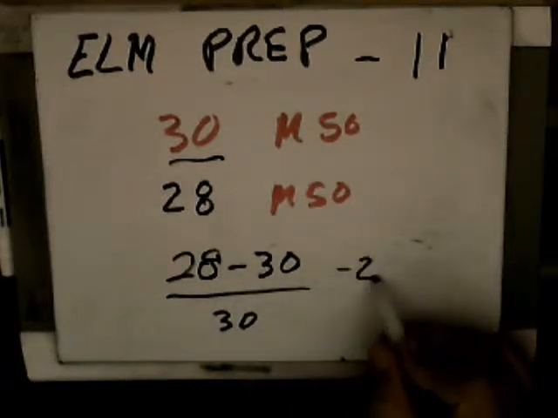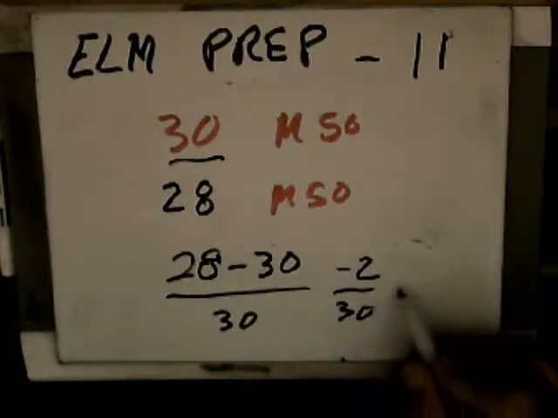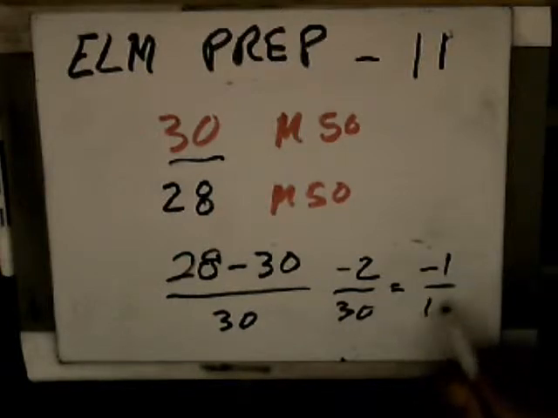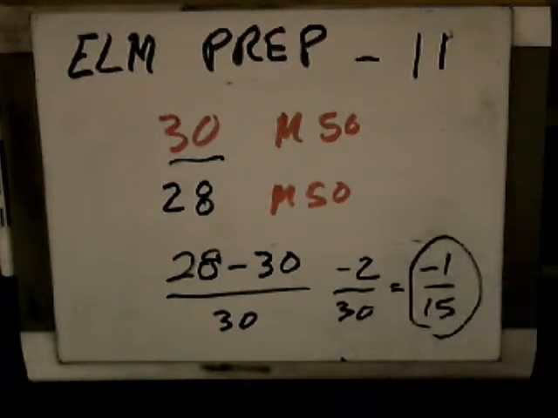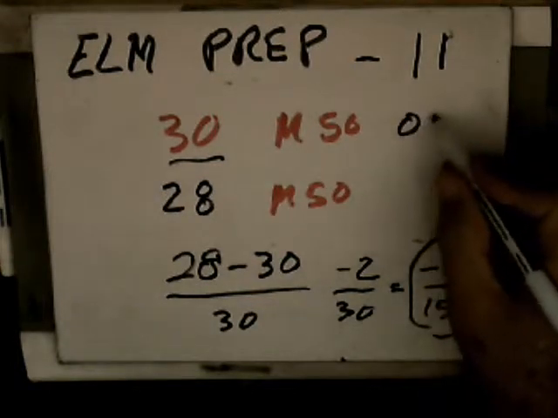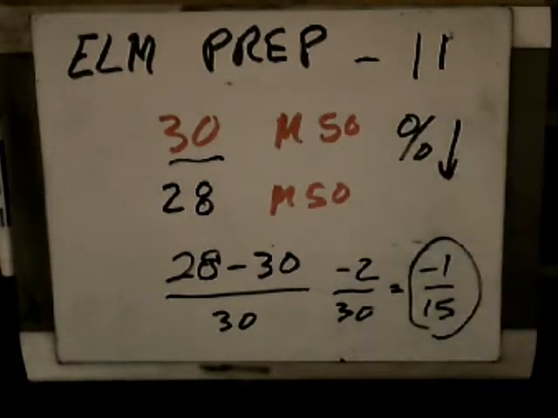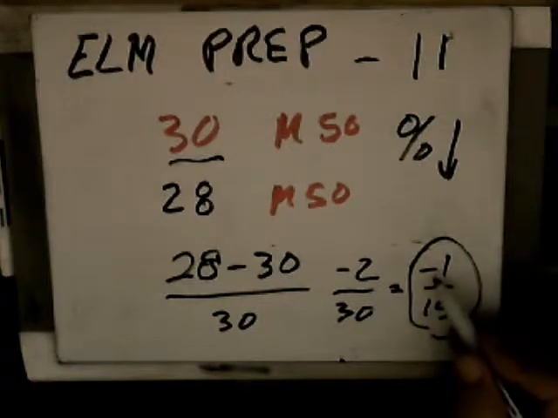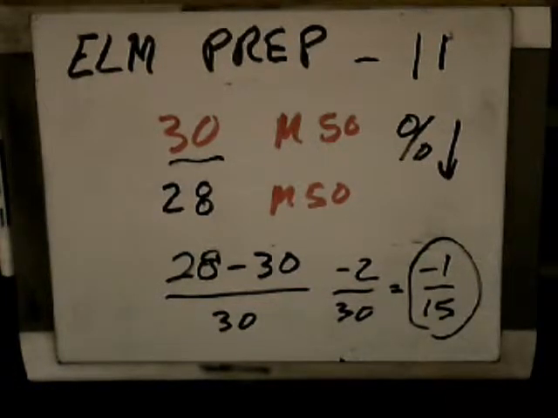Well, we end up with minus 2 over 30, or minus 1/15. Now, the negative implies a decrease, so this is a percent decrease. The negative in terms of this formula indicates a decrease, or a percent decrease. All right.